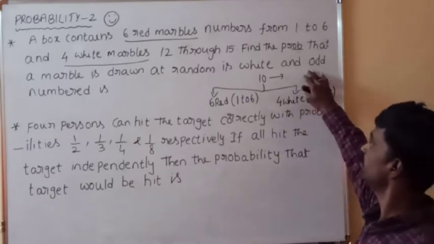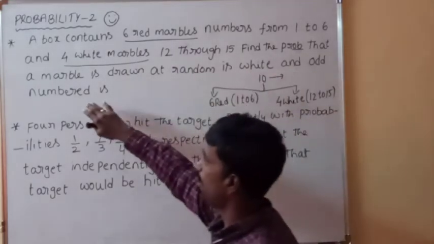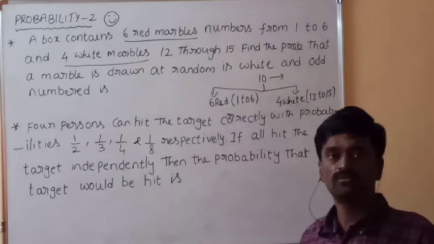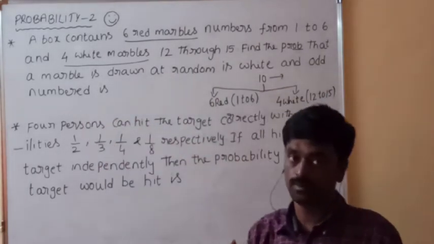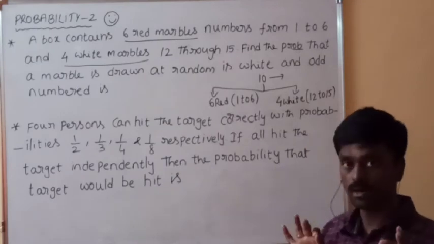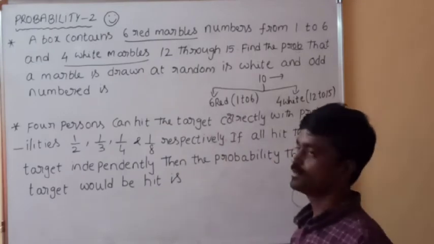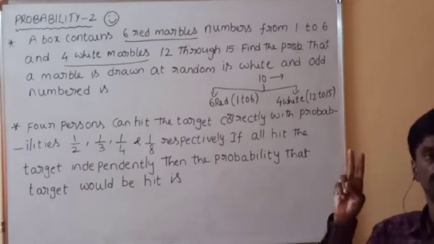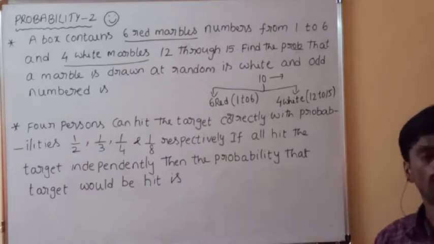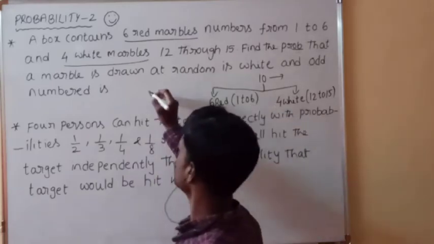Then only the event white and odd numbered marble will happen. This event happens only if I draw 13 white or 15 white. So how many favorable cases? 2.